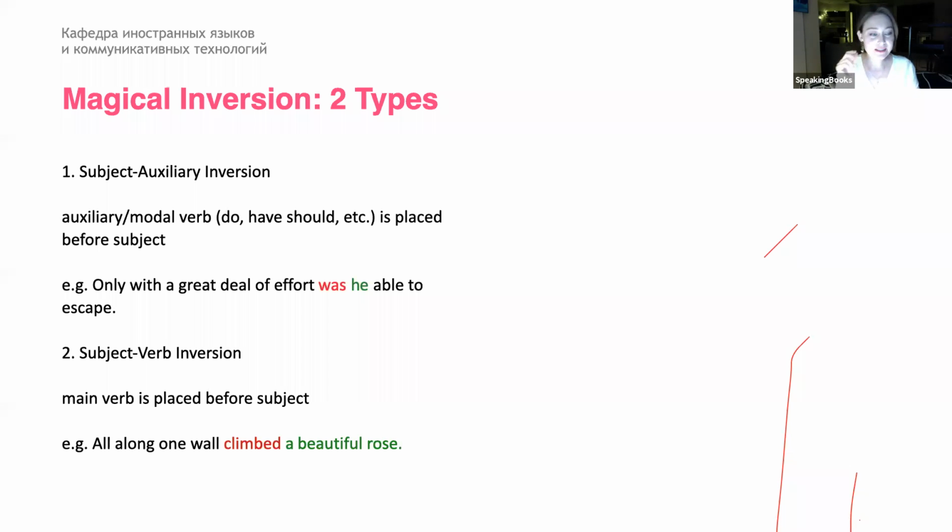There is another type of inversion. It is subject-verb inversion. What happens here is that the main verb is placed, strangely enough, but still before the subject. Not the auxiliary, not the modal, but the main verb. For example, all along one wall climbed a beautiful rose. Вдоль одной из стен вилась прекрасная роза.